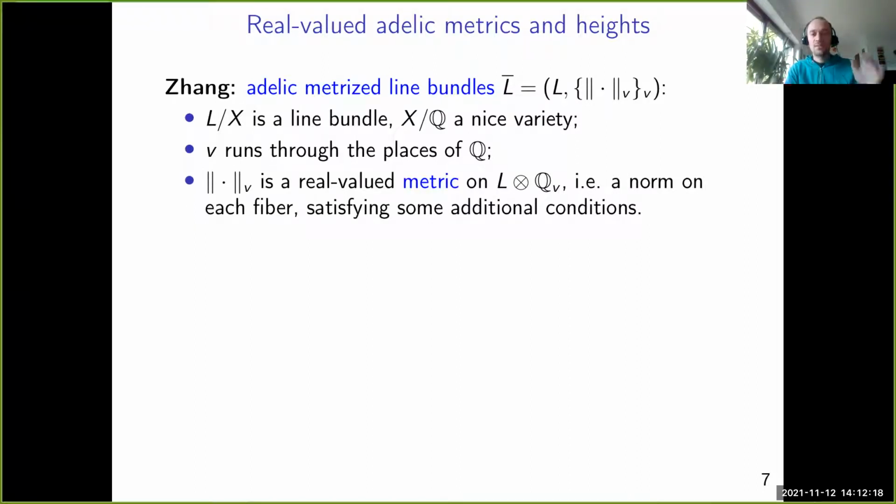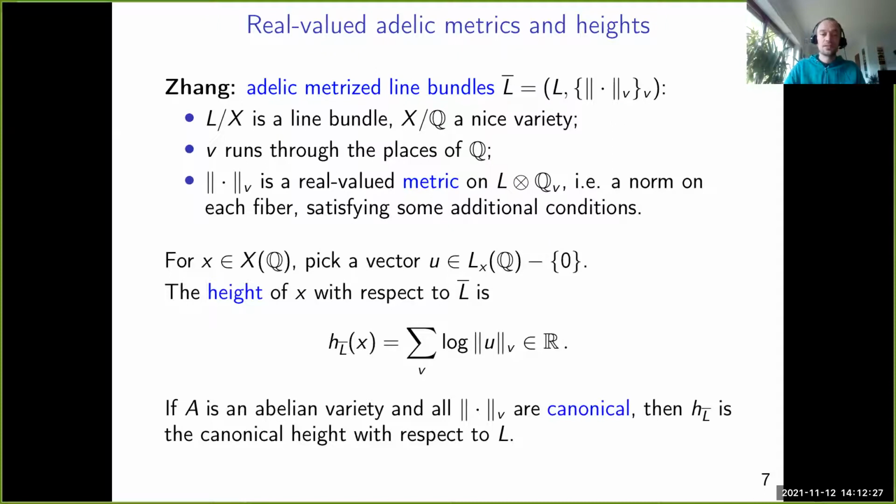Okay, and so once you fix this sort of data, you can define a height on L. Oh, sorry, a height with respect to L, which depends on the choices of metrics. And so you do this as follows. Suppose you start with a rational point x, then you just pick some non-zero vector u on L above x, in the fiber above x. And then the height of x with respect to this Adelic metrized line bundle has a very simple definition.